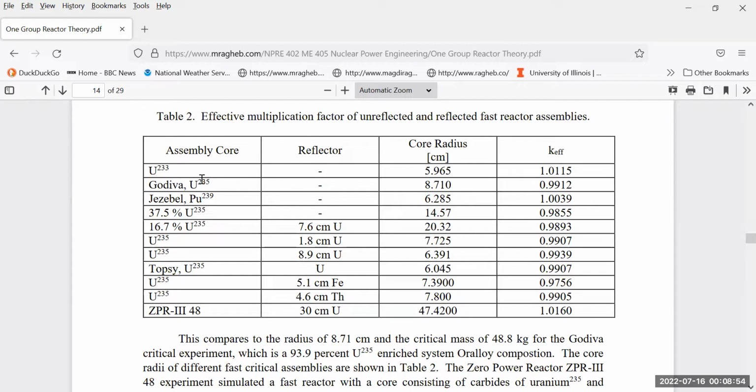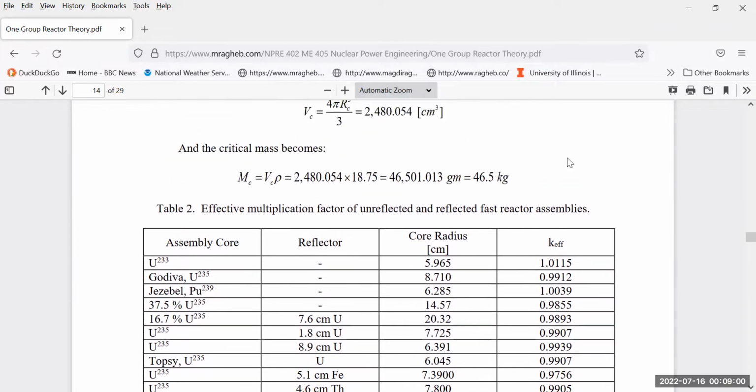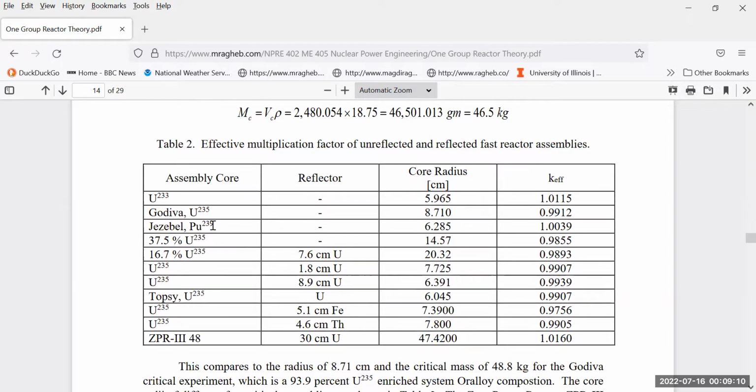In fact, the United States switched from using uranium-235, which means that the critical mass is 46 kilograms of uranium-235 for a nuclear device. It can be only 10 kilograms if you use plutonium-239. Hence, most weapons in the arsenals of nuclear states today are plutonium, not uranium-235.